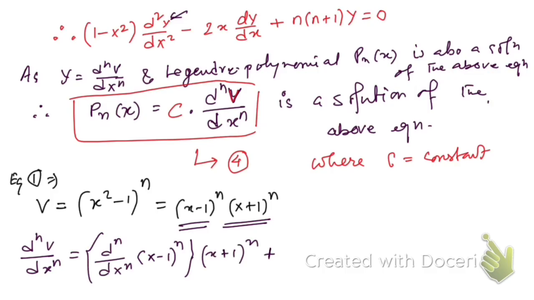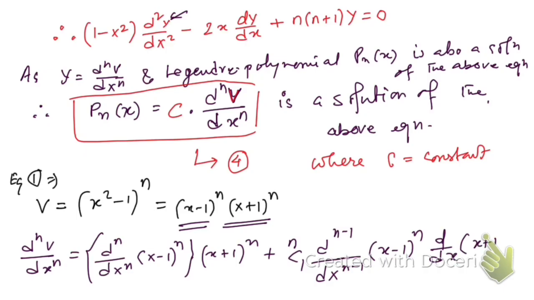Then according to Leibniz theorem we have nC1, where the order of the derivative is reduced to n minus 1, the derivative of x minus 1 whole to the power n, and we take the first order derivative of x plus 1 whole to the power n, plus dot dot dot, and so on.